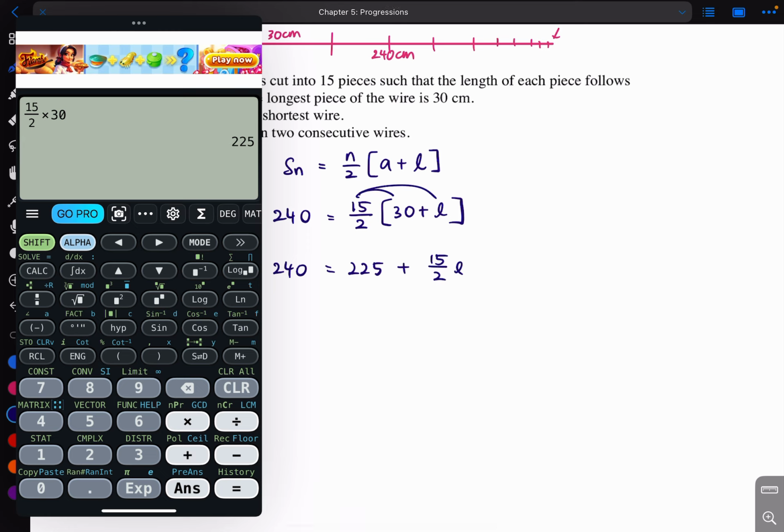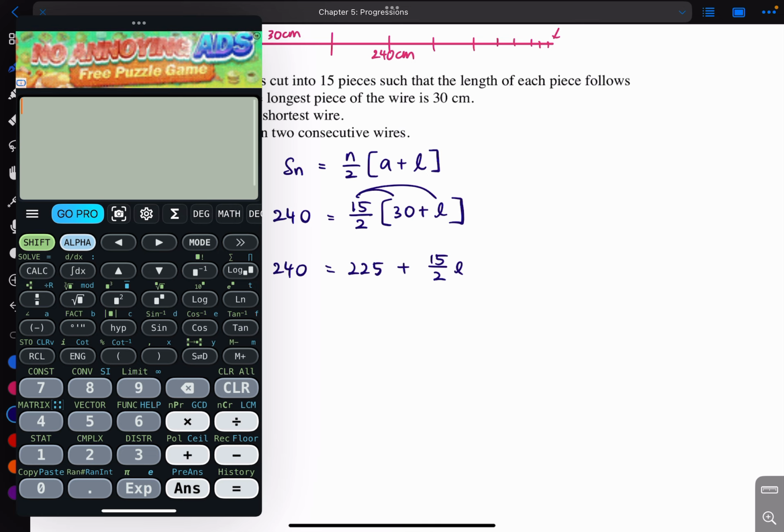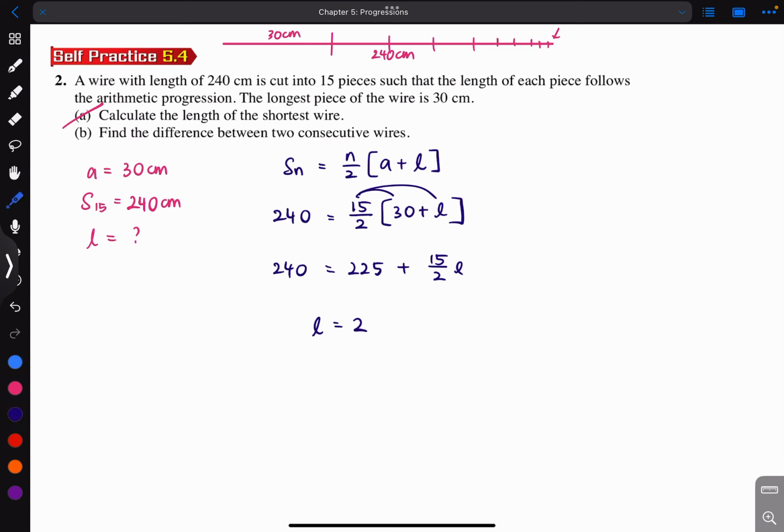Then 240 minus 225, divide by 15 over 2. So l will be 2. Okay, so 240, 225 I brought here became minus, and then this one become divide. Maybe I should just write it down. So 240 minus 225 is 15 over 2 l.